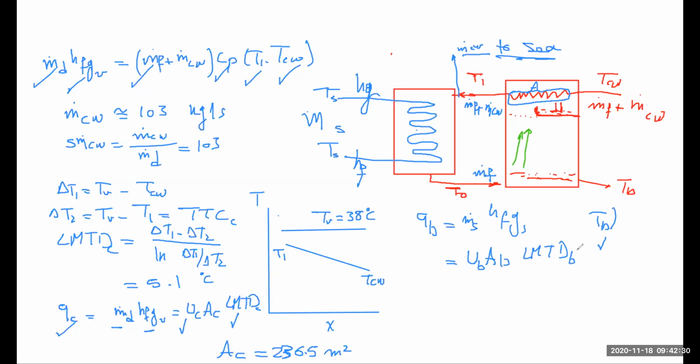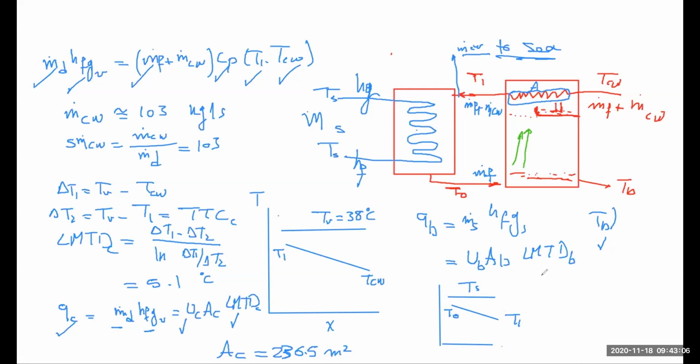For the brine heater, again, it has a similar figure to this: you have steam, and you are heating the feed from T1 to T node. So delta T1 is Ts minus T1, delta T2 is Ts minus T node, which is the terminal temperature difference in the hot side.